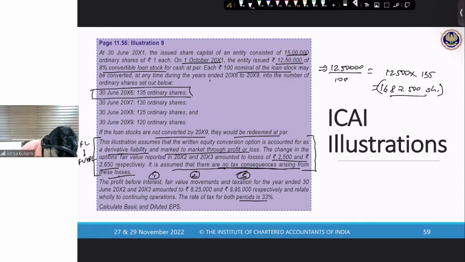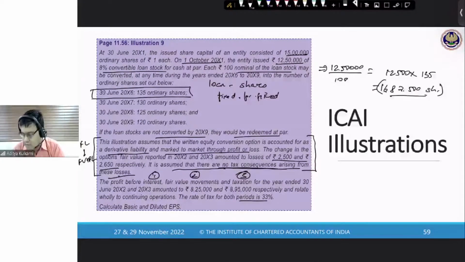Ideally, when a loan is getting converted to shares, if it is a fixed conversion, a fixed number of shares for a given loan, which we call fixed for fixed, it would be known as equity.